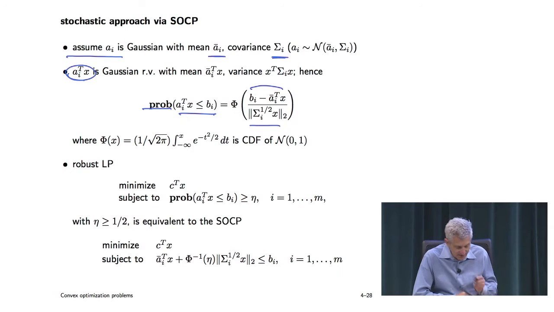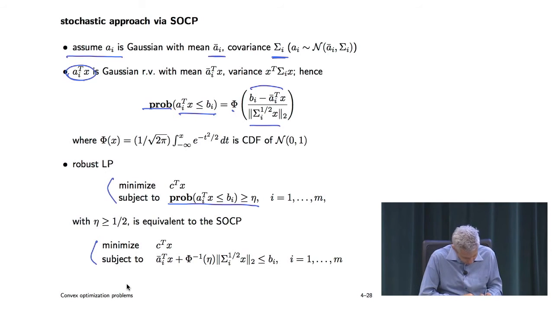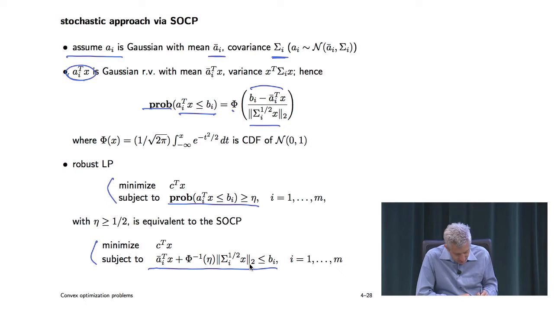Okay, so the robust LP, which looks like this, becomes the following. And we have to be very careful. To say that this is bigger than that, you need this probability here to be bigger than that. This thing here is an increasing function, of course, with X. Now, the problem is this: if this thing is negative, then this has the wrong sign.